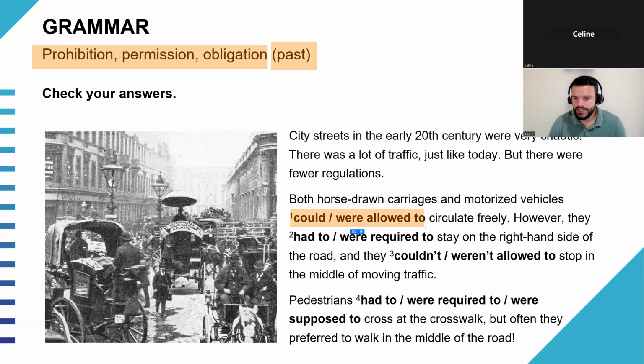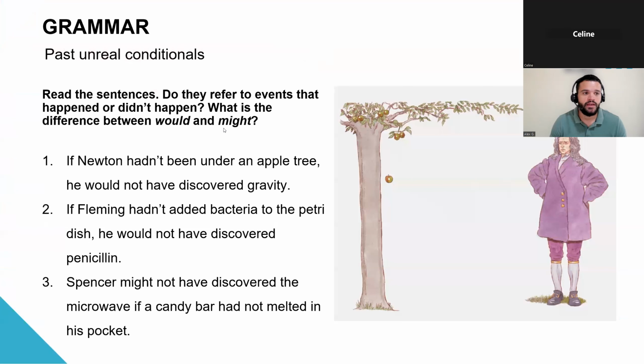Am allowed changes to were allowed. Had to, have to. Are or were required, etc., and so forth, okay? Is that okay, Celine? Any questions? Yes, teacher. I'm okay. All right, so we're gonna erase and we'll continue because that's very similar.